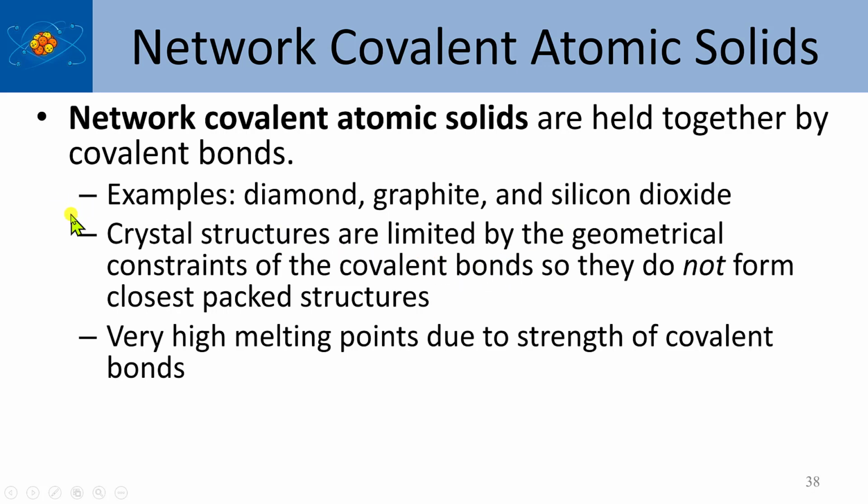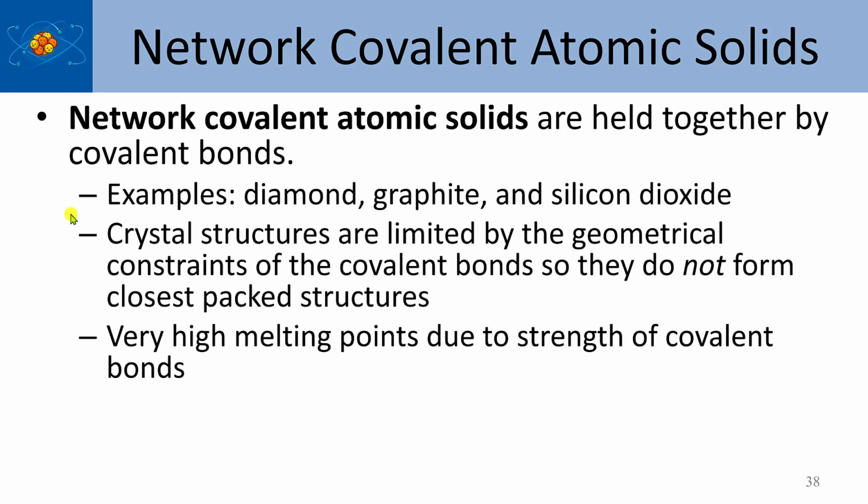Crystal structures are limited by geometric constraints of the covalent bonds, so they can't form closest packed structures because elements like carbon, for example, can't make 6 or 12 bonds. Carbon can make at most 4 bonds, and that's the structure that we see in diamond.